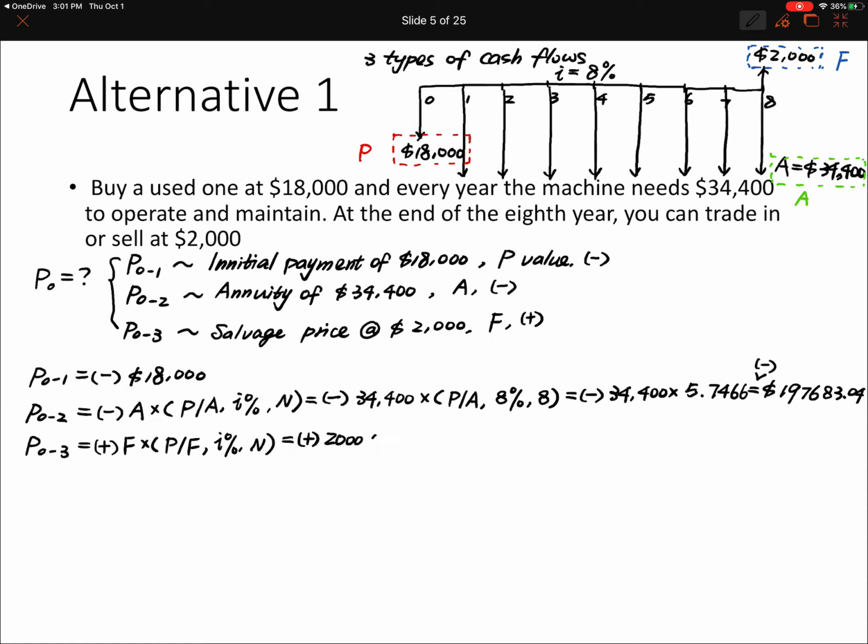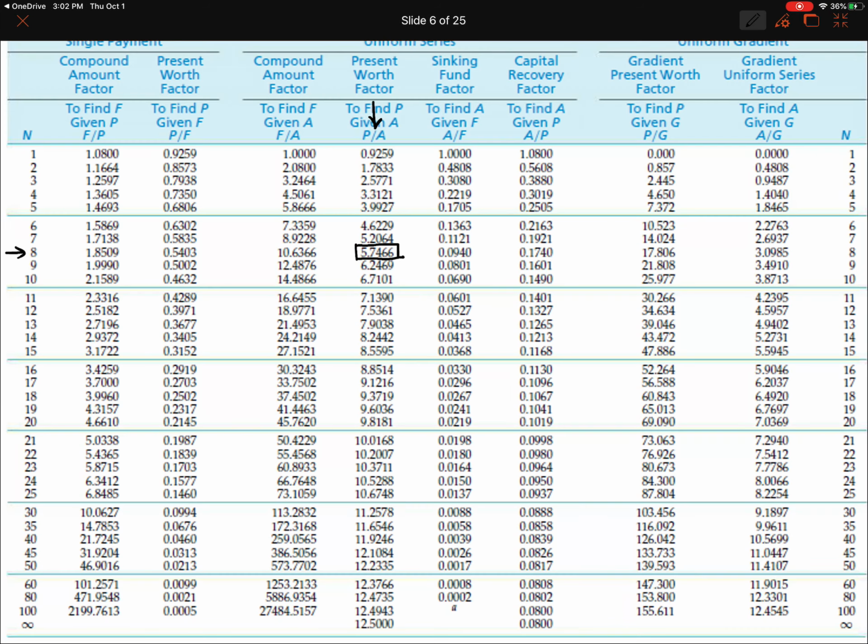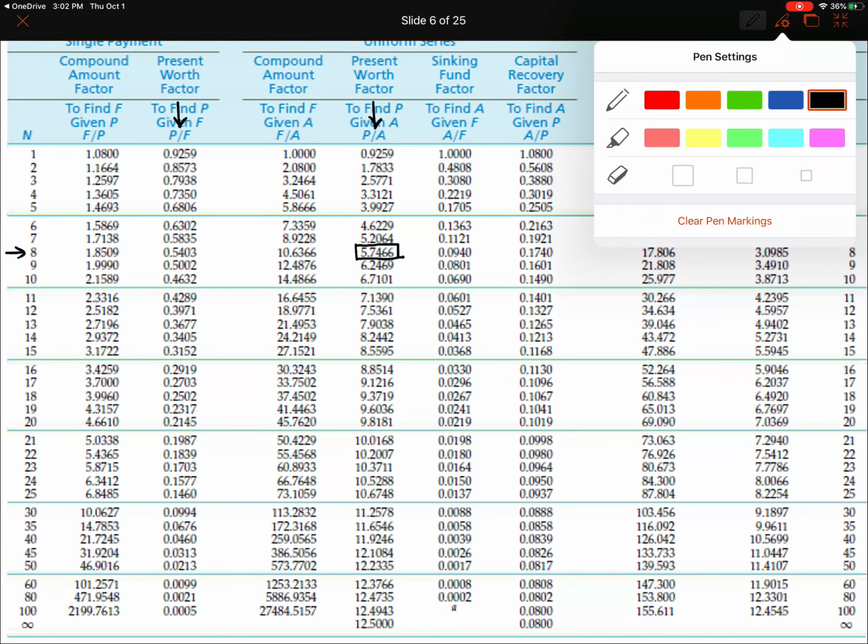So positive, the F is 2000. The factor is P given F, 8% and 8 because it's at the end of the 8th year, okay? So positive 2000 and check the table. So now you are looking for P given F.